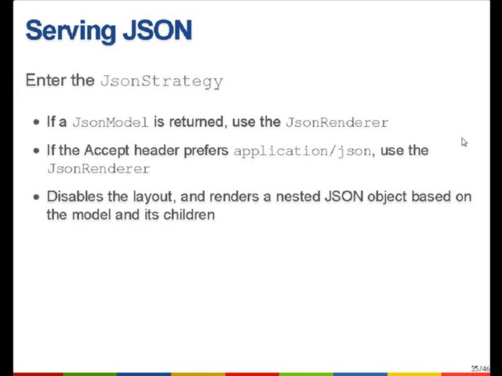What it does is it disables the layout, and then it renders a nested JSON object based on the model and its children. So it's a really, really simplistic way of doing things. That said, you can do some really fun things. You can actually set a string template where basically it goes through and says, okay, content is going to go under this key, status code is going to go under this key, that sort of thing.